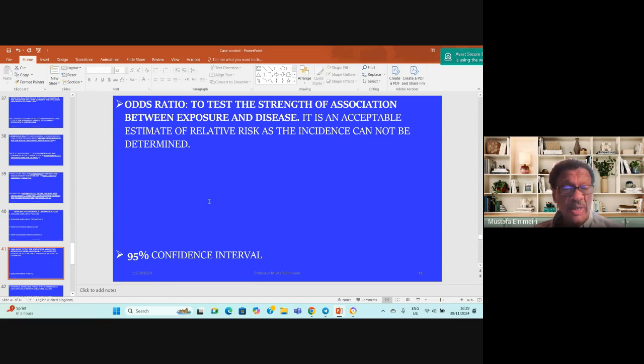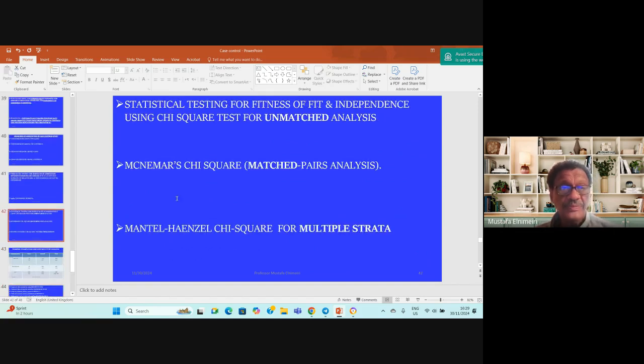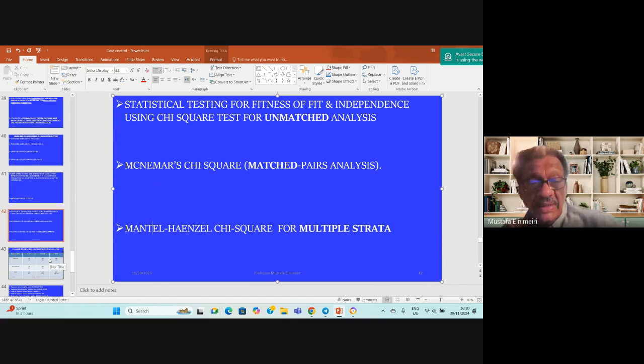As well, we can calculate the 95% confidence interval. For statistical testing of goodness of fit and independence, we use the chi-square test, or for matched paired analysis the McNemar chi-square, or the Mantel-Haenszel chi-square for multiple strata. These are all the tests that can be done in classical case control.